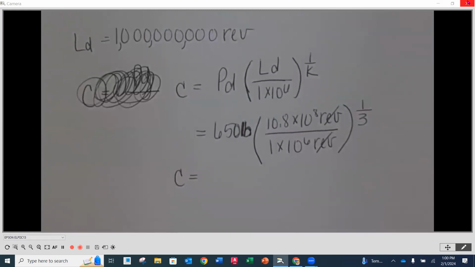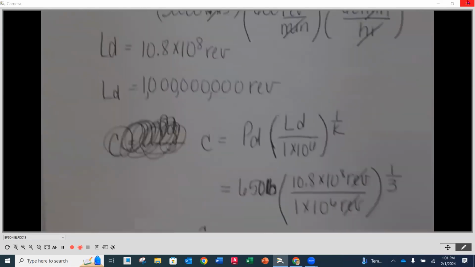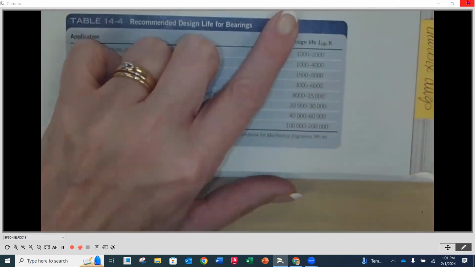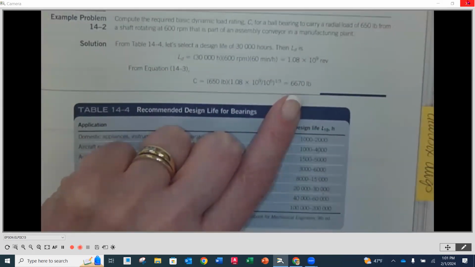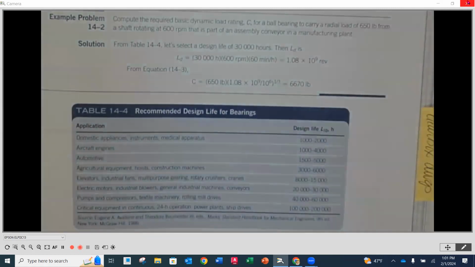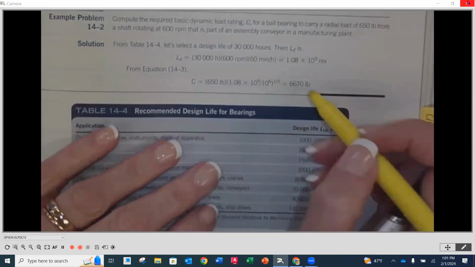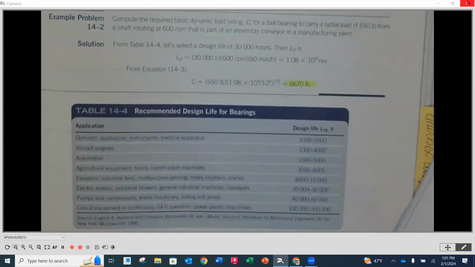So what do we get for a number? Everybody should be plugging this in. Make sure that you can get the same number as the book. So you should come up with something right around 6,670 pounds. Do you have the same number?